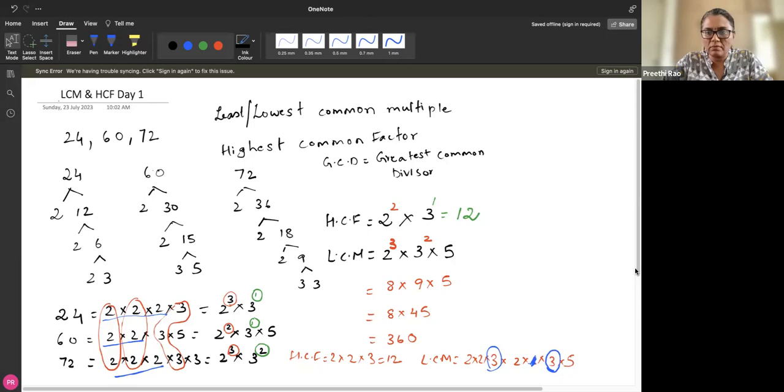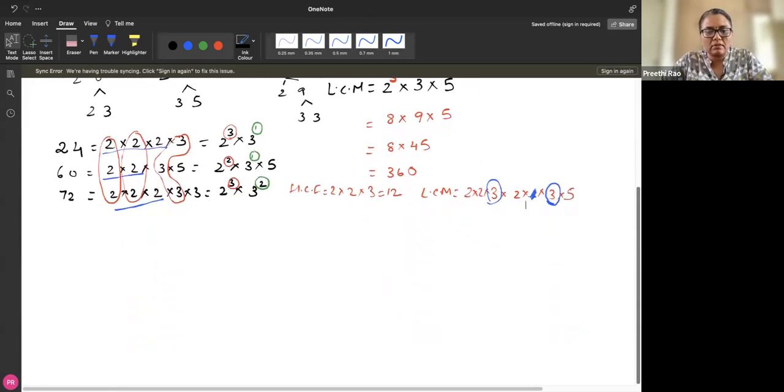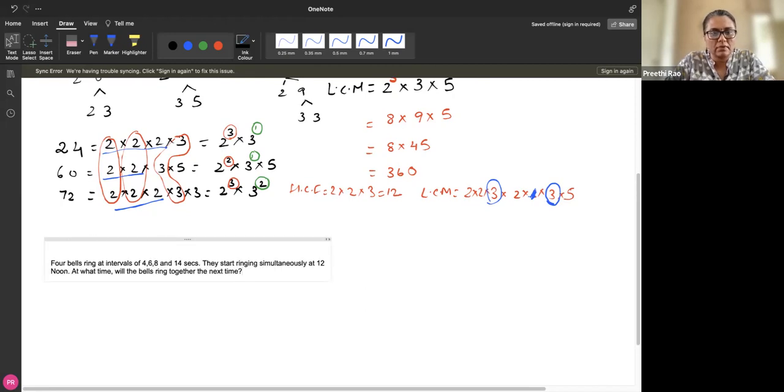All right. So shall we go on to the word problems? Can you see the first problem?